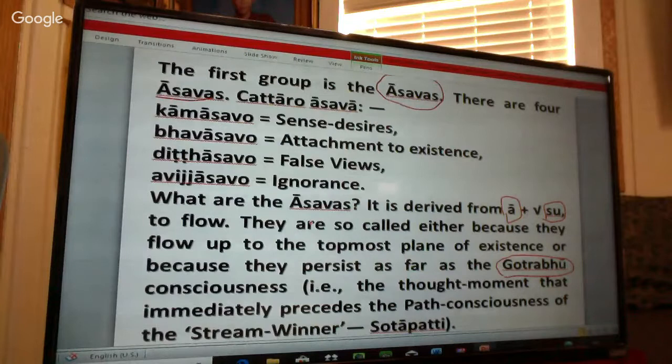At that time we call it the Gotrabhu consciousness. Before Gotrabhu consciousness, we have many thought processes, practicing again and again. In the mindful process, Manodvaravajjana is followed by Javana, seven kinds of Javana.